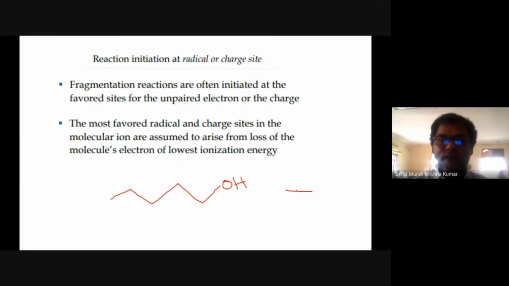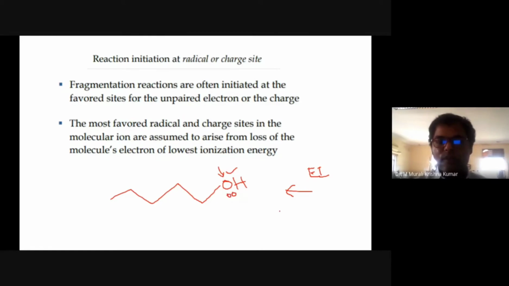So let's say you are giving energy in electron impact mass spectrometry. From where exactly can we remove that electron to ionize it? All these are carbons, but here we have oxygen, which has a lone pair of electrons. When you look at the energy states of all these atoms, you will find that only at oxygen are there electrons with relatively less energy, sufficient to remove the electrons.